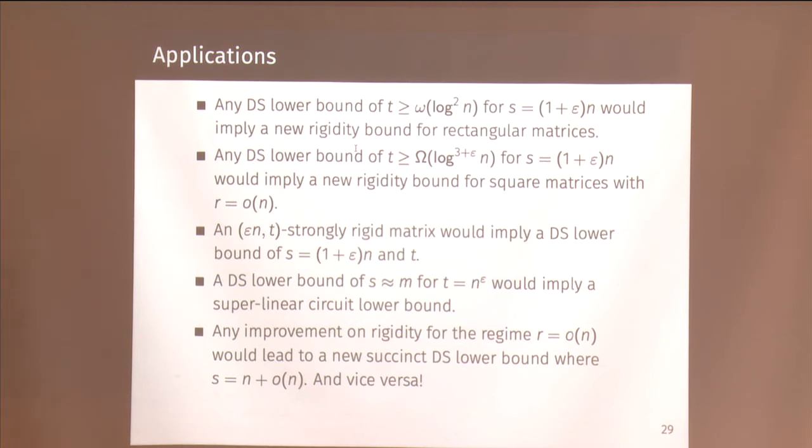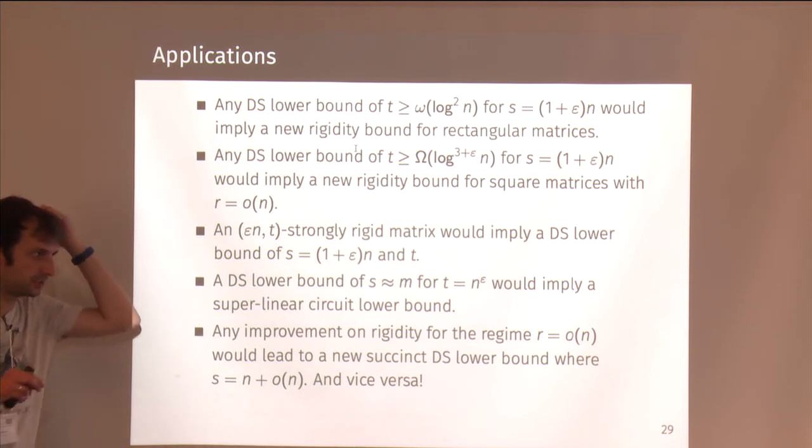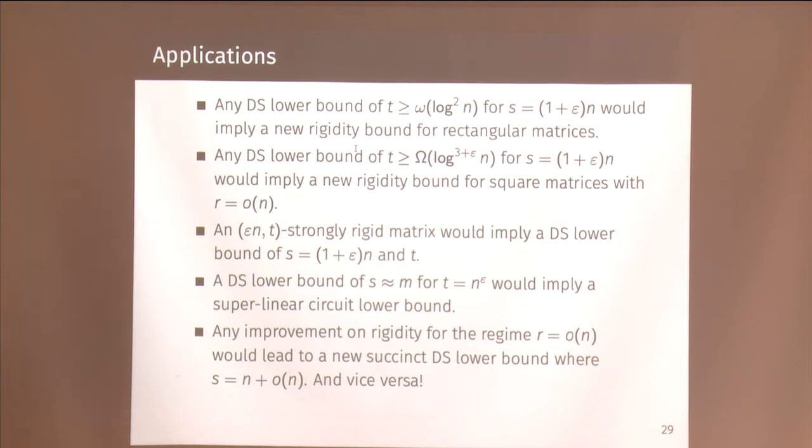Essentially, these bounds match the best known lower bounds for data structures and matrix rigidity in all the settings of the parameters. They both have this S and T, two parameters, so you can work in different settings. It shows that our current best lower bounds in data structures and in matrix rigidity correspond to each other via these connections. Or in other words, our connections didn't lead to any new lower bounds.